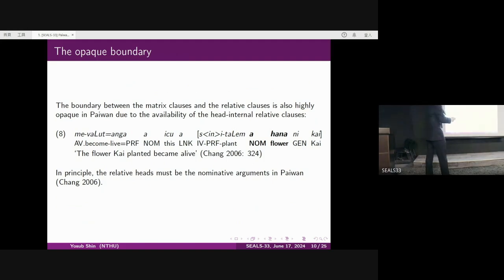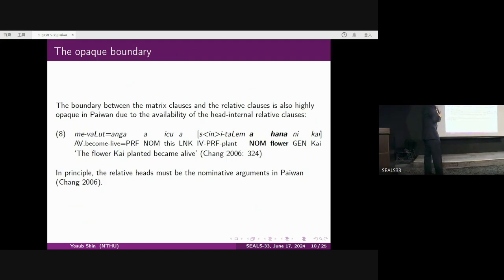So the boundary between the matrix clause and the relative clause is a bit opaque in Paiwan, and this is also the case in many Austronesian languages. Also, if we have to account for this kind of head internal relative clause, we will have to assume some kind of covert relative operator at the left periphery of this embedded relative clause, just like the structure that we are arguing for now.